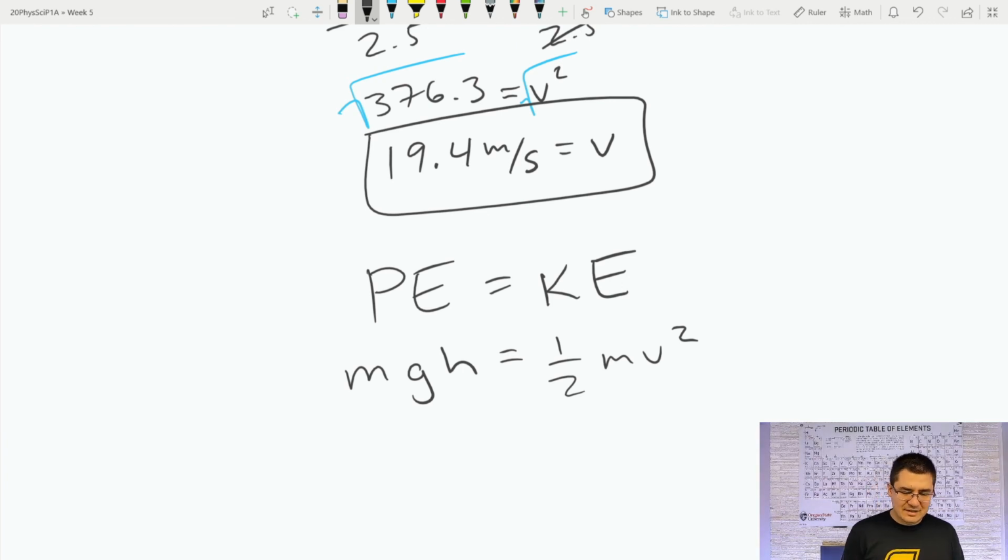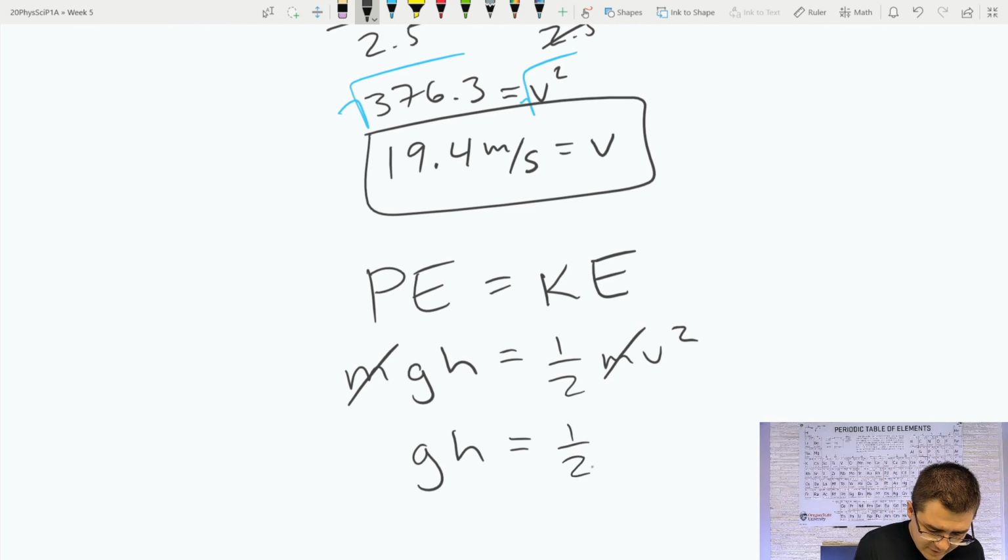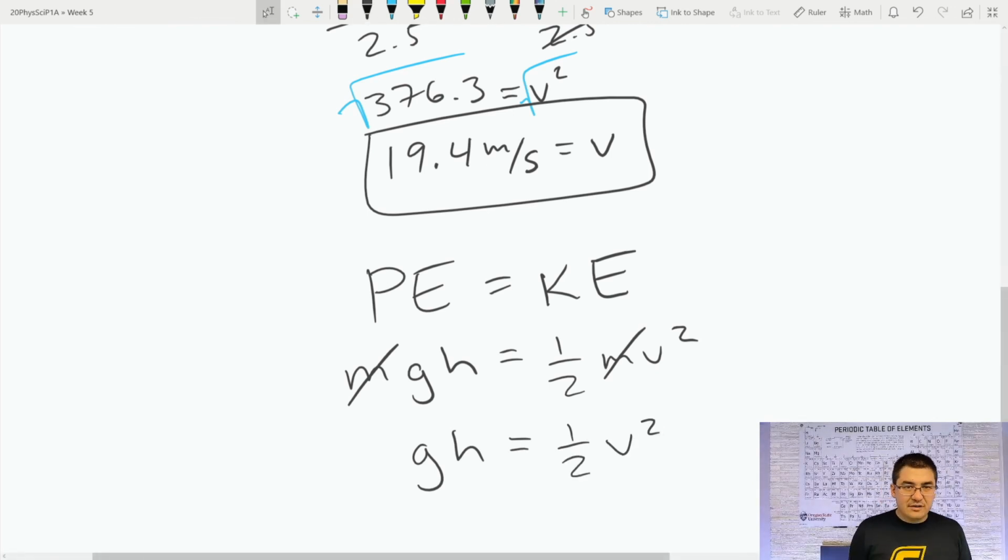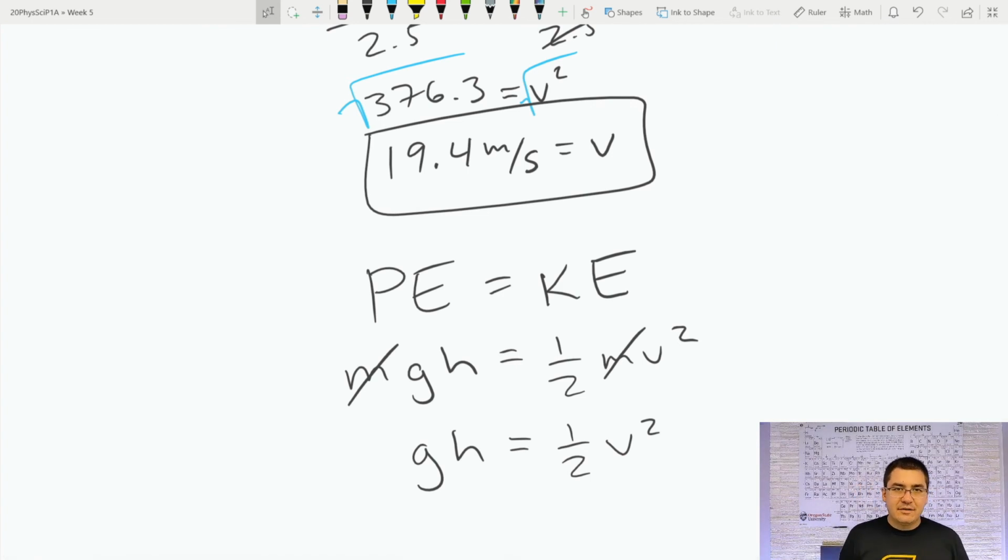And you can see, since I've got this equation with mass on both sides, it turns out that gh equals 1/2 v squared. And I could have solved this without necessarily needing the mass of the pumpkin. So if you're thinking about how energy is transferred, the mass doesn't really play a huge role, right? It's more the height of the object and the velocity of the object. And this is if you're solving the law of conservation of energy.